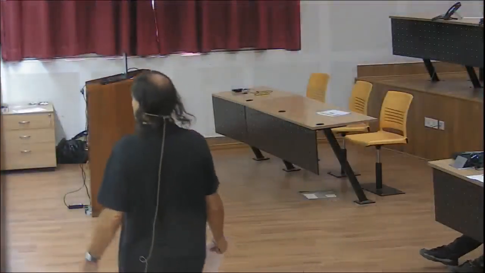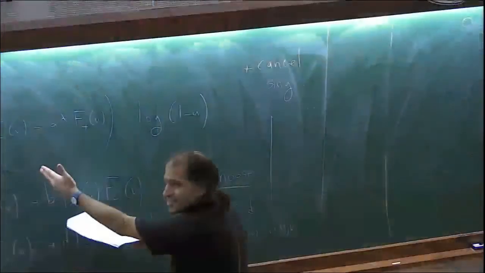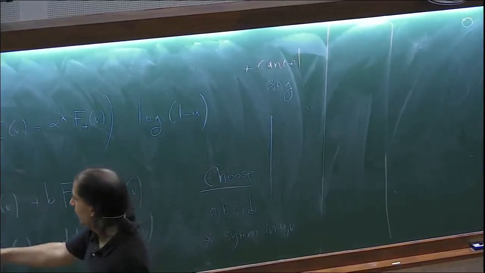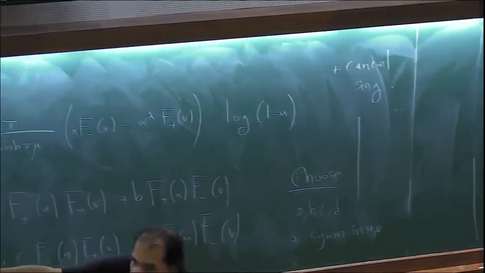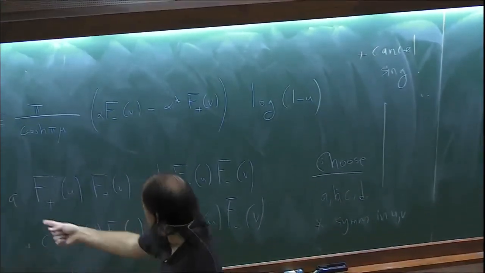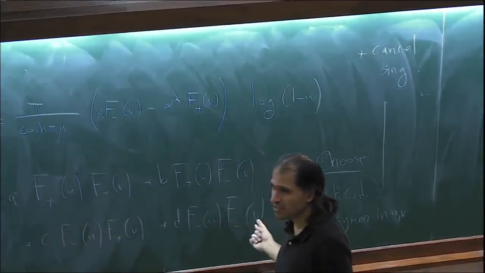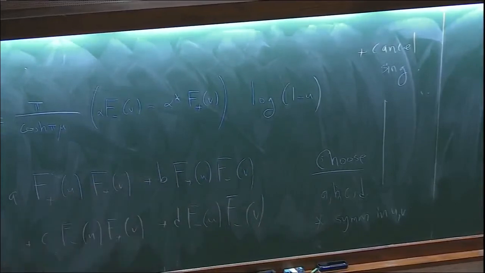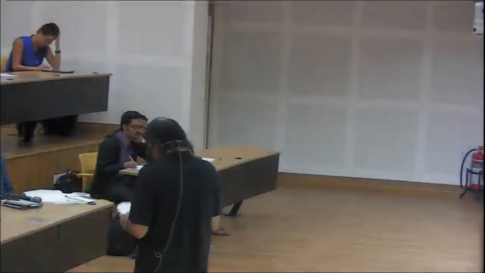So for example, this thing has to have an antisymmetric part in U and V in order to cancel the antisymmetric part in the subtraction there. And also, as U goes to 1, that looks like some combination of F plus and F minus times log 1 minus U. Okay? So it's just a few equations and few unknowns to totally determine the coefficients.